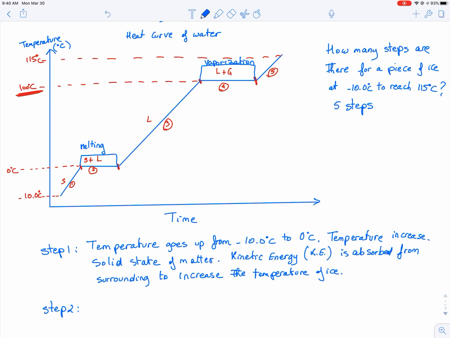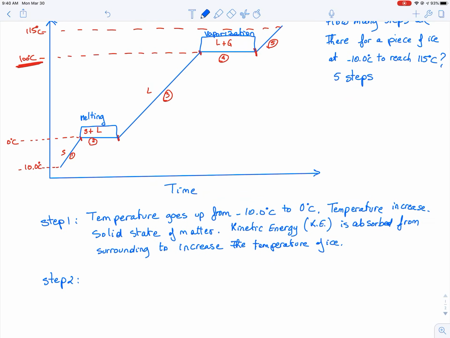It is used to loosen the intermolecular forces between the solid particles to allow it to melt into a liquid phase. So the energy here is absorbed from the surrounding for a different purpose. It's not to increase the temperature or temperature change, but this is for the change in the state of matter. So this energy that is being absorbed is now not kinetic energy, since the temperature stays constant, but it is potential energy. So let's write that down, you guys.